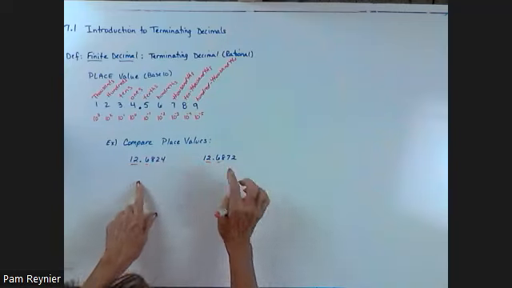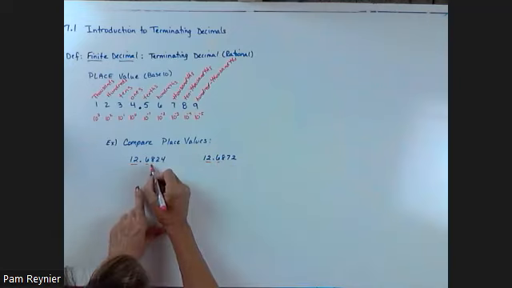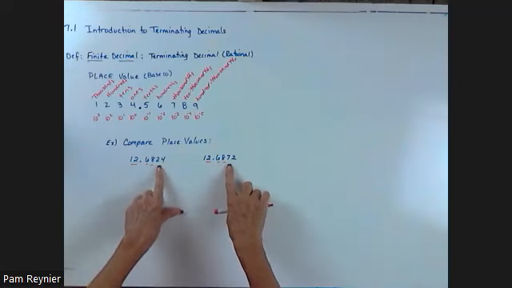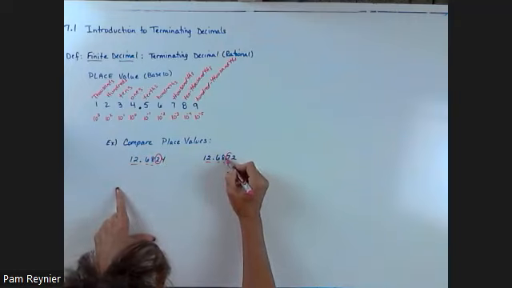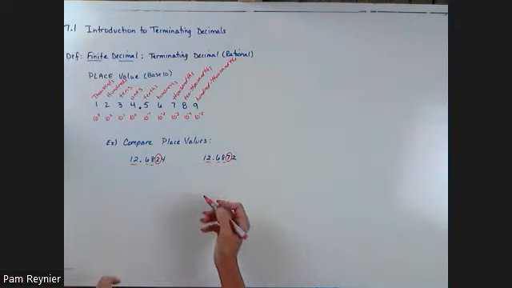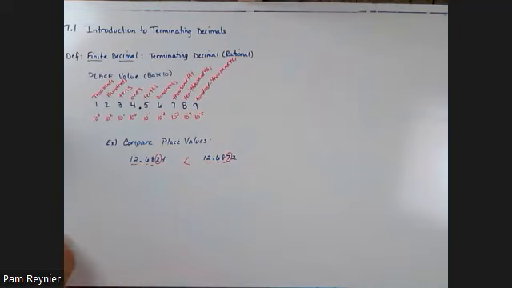Those are the same. 8 100ths, 8 100ths. Those are the same. And then they change right here with the 2 and the 7. I don't have to go any farther. I now know that 2 is less than 7. And so therefore, my entire number is going to be less than 12 and 6,872 10,000ths. So we can just compare place values.